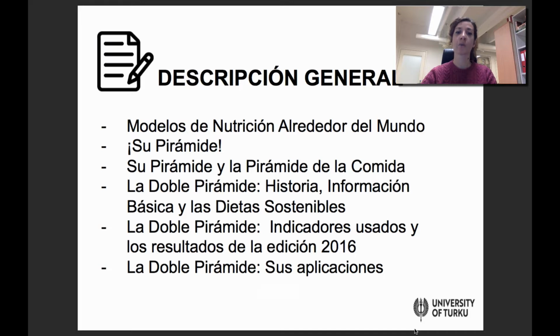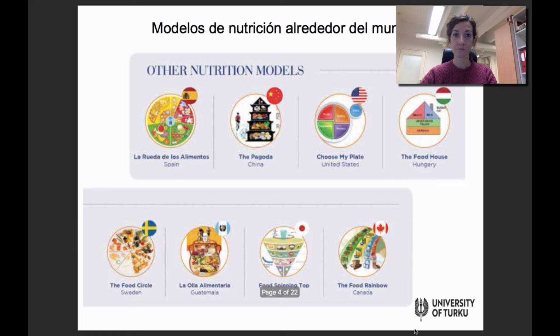After that we will go through the different parts of the double pyramid: what is the history behind it, some information and connections with the indicators that have been used, and also we will see the results of the newest edition, which is the edition of 2016. And then briefly I will also talk about some applications that the double pyramid has found in other projects.